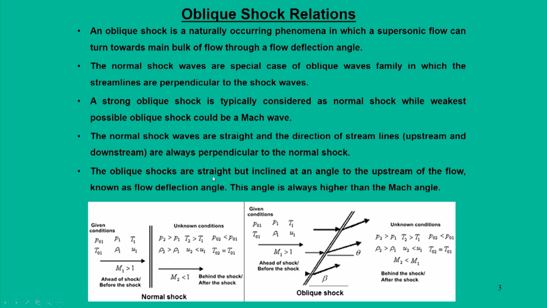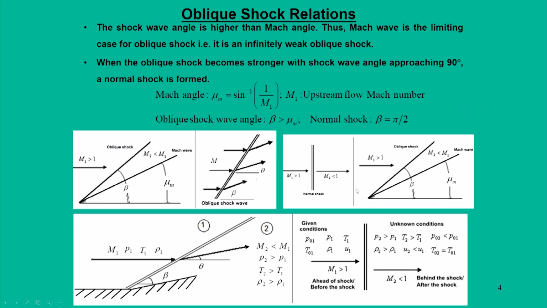Now, the oblique shock is straight but inclined at an angle to the upstream flow, and of course, this angle is always higher than the Mach angle. The definition of Mach angle is given by mu = sine inverse of 1 by M. This Mach angle is shown here with respect to the Mach wave. When this Mach wave becomes stronger, it turns out to be an oblique shock.